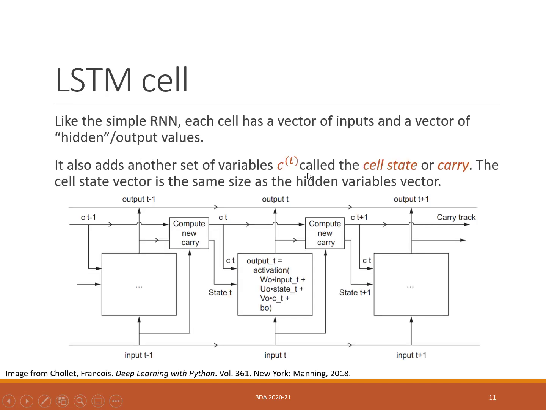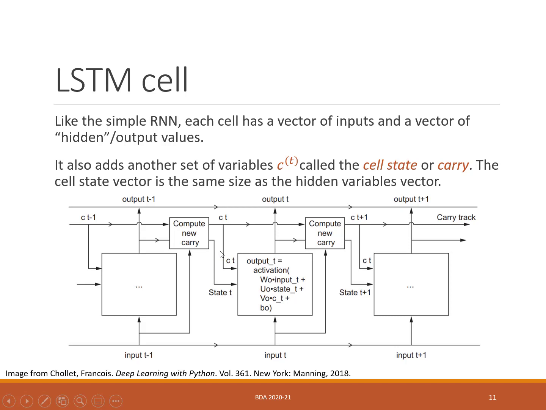In the LSTM network, like simple RNN, each cell at any time step takes an input vector and returns the transformed data as output. We have another set of variables C called the cell state or carry. The cell state vector carries information across time steps, preventing older signals from gradually vanishing during processing.